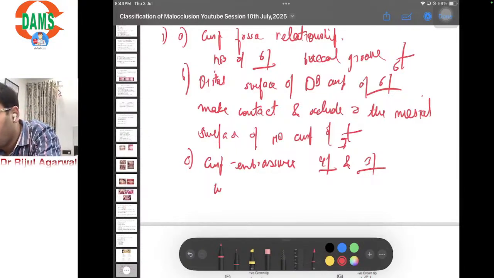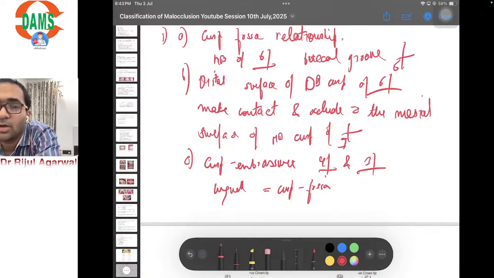On the lingual side they should have a cusp fossa relationship, that is, the lingual cusp should fall in the fossa of the lower premolars and canines.